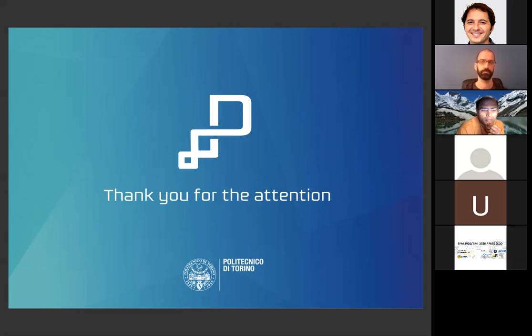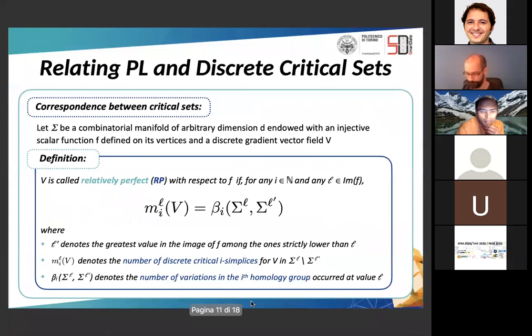So the relative perfection actually asks that the number of variations in homology, that correspond to the number of newly created and destroyed homological classes at a certain step of a filtration, if you want, correspond to the number of critical simplexes of a specific dimension.